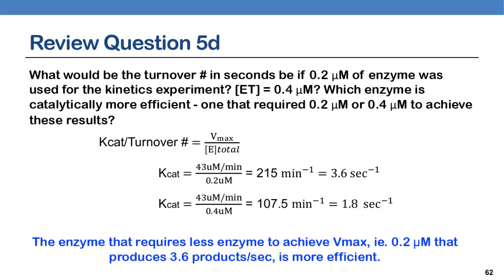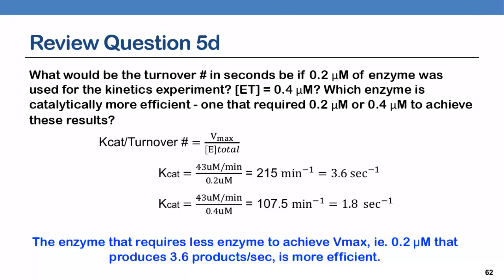So 0.2 is more efficient because, again, you're using less enzyme in order to reach the same velocity. Yeah, so the same maximum rate. So therefore it is more catalytically efficient.